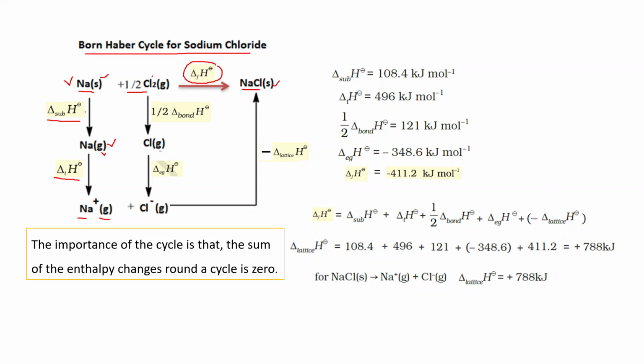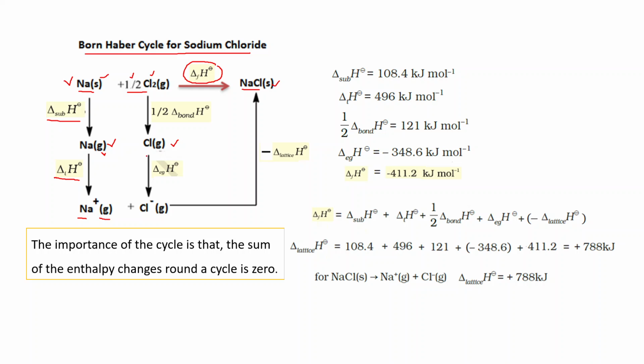Now Cl2 will dissociate, and for this dissociation we give the bond enthalpy. Why are we taking half? Because in Cl2 two atoms are there, but we require only one atom. That's why we take half. We get Cl gaseous atom.